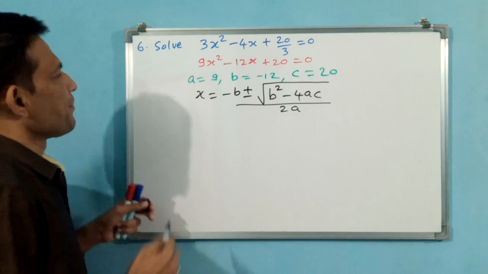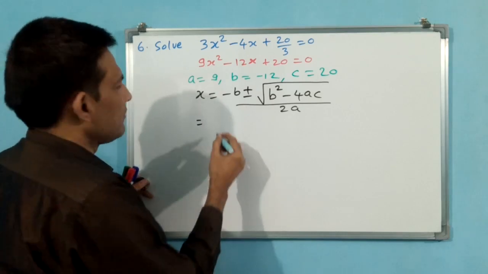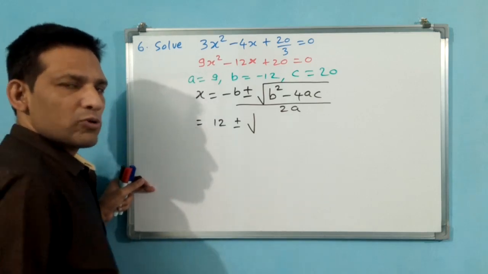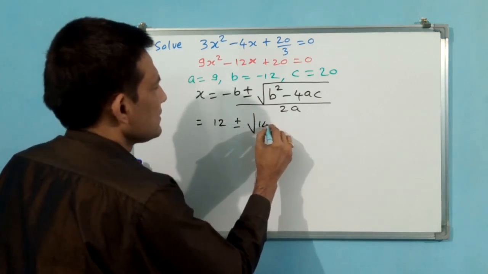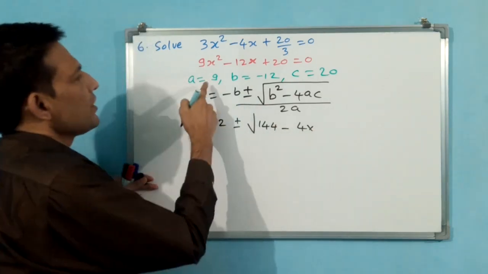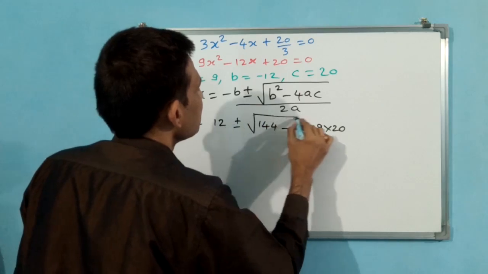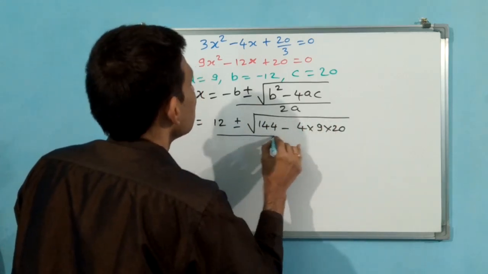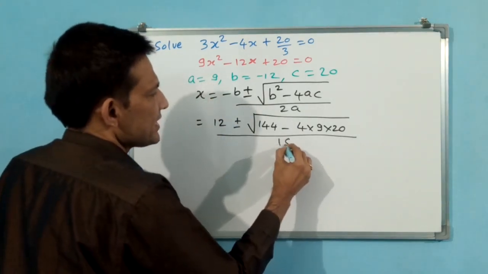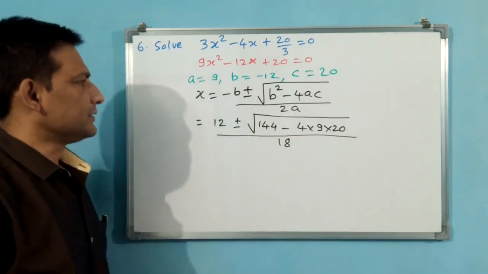Already minus is there, so minus minus is plus 12, plus or minus square root of b square, 12 square, directly I am writing 144, minus 4ac, 4 into a is 9, c is 20, divided by 2a. 2 into 9, 18. Shall I write directly 18?